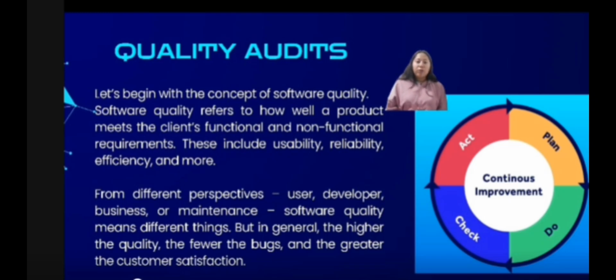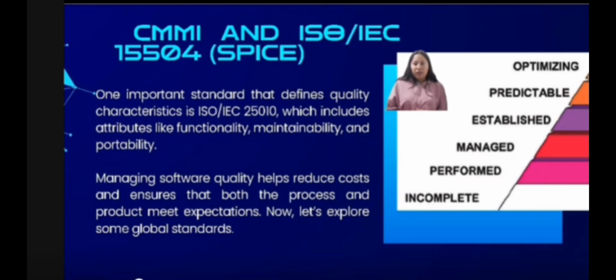One of the important standards to define the quality characteristics is ISO/IEC 25010, which includes attributes like functionality, maintainability, and portability of the projects. And managing software quality helps to reduce costs, ensure the process, and improve expectations. Now, let's explore some global standards with my classmates.